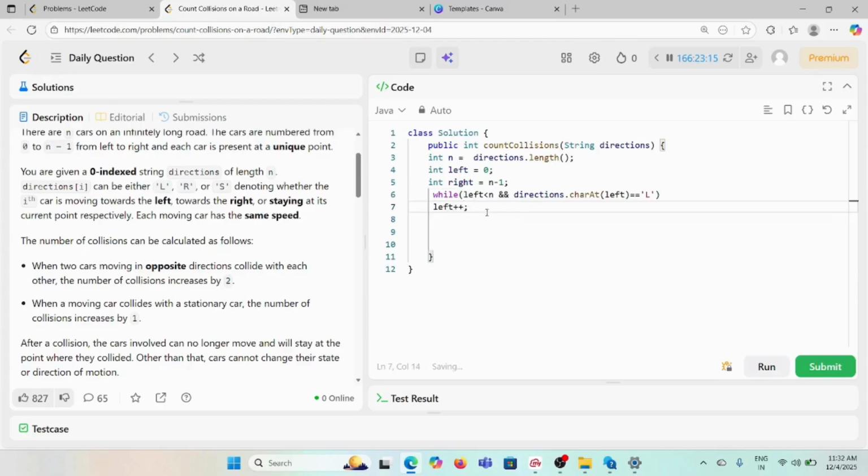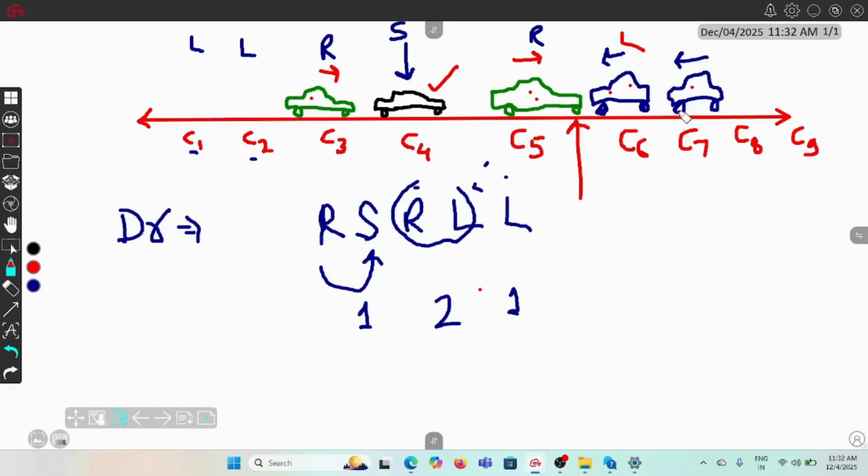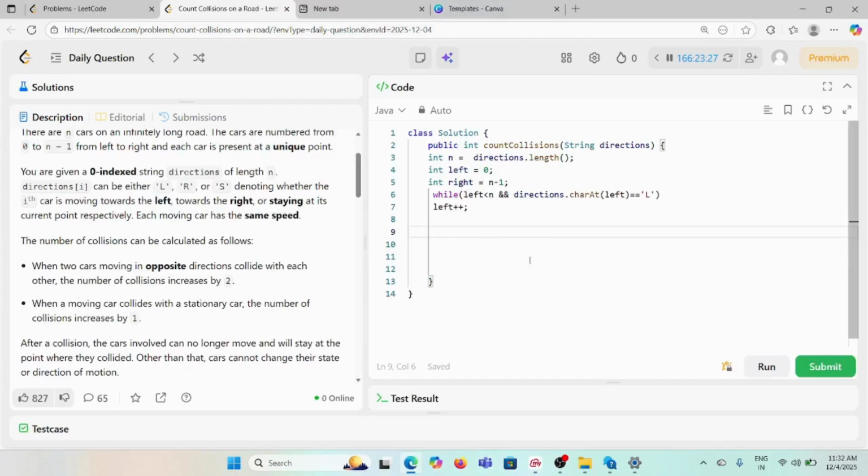So left plus plus. Similarly, we have to go for the ones which are moving towards the right side, like the way we were doing for the right side leading positions, right? So we would be writing that part as well. Let me copy this code here and write it.